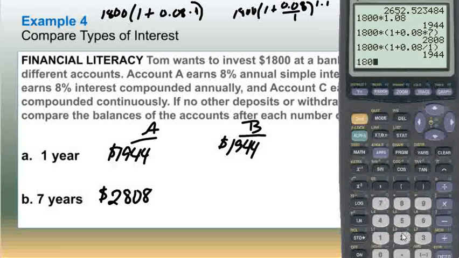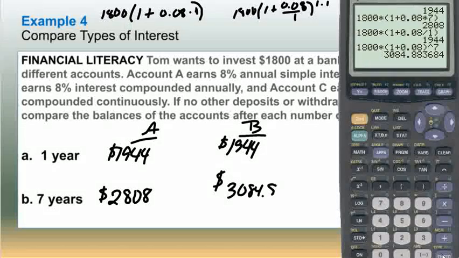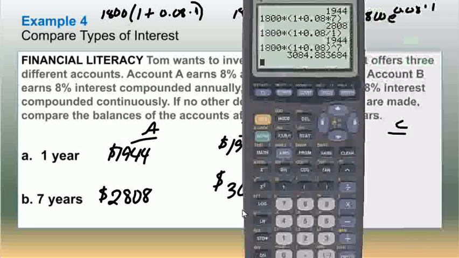Now we do 1,800 times parentheses 1 plus 0.08 divided by 1 raised to the 7th power. Here's where you see a difference. This would give us $3,084.88.